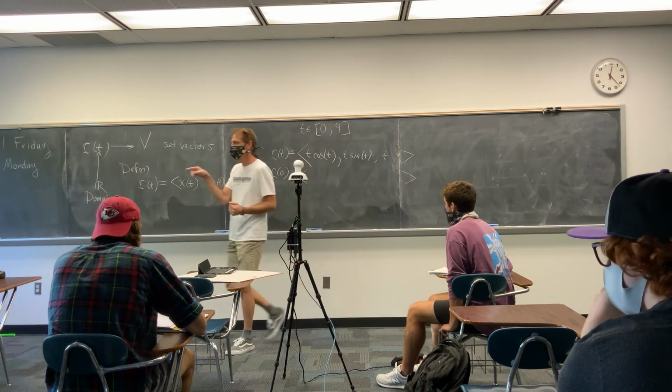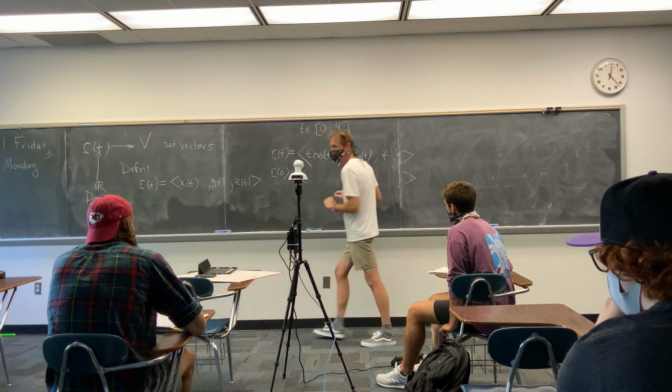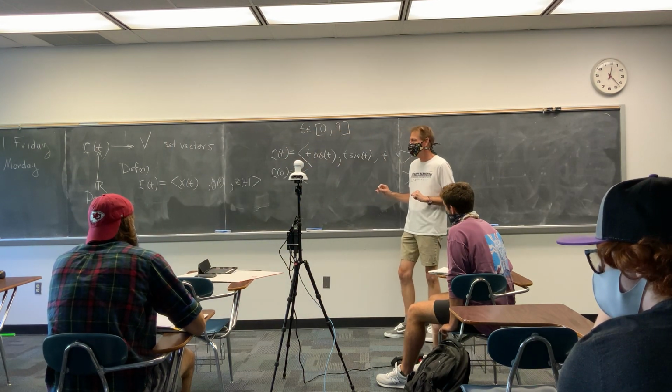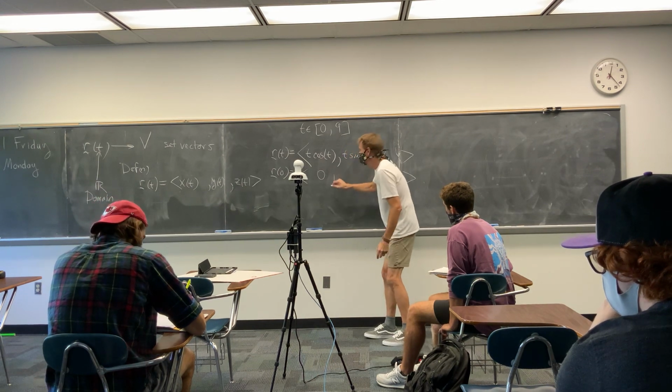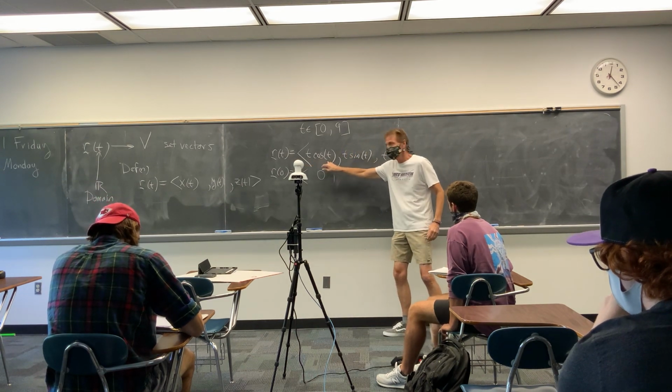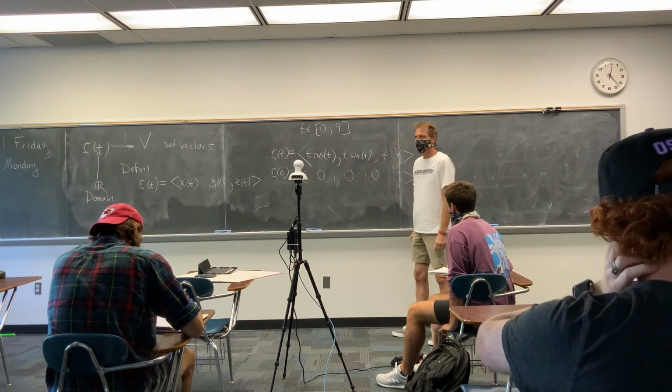Sorry, what's your name again behind Robert? Lizzie. Do you have anything for me, r of 0? Zero, because we're gonna have 0 times cosine of 0, 0 times sine of 0, and 0.